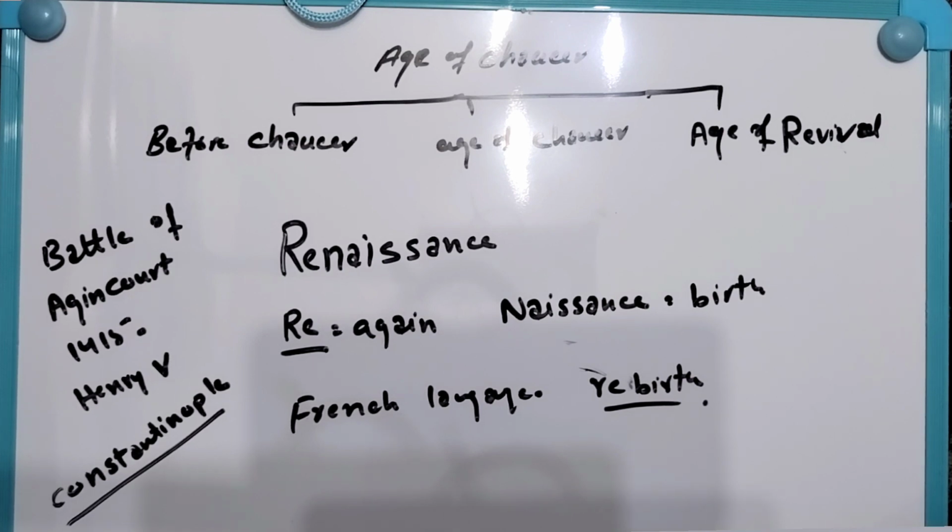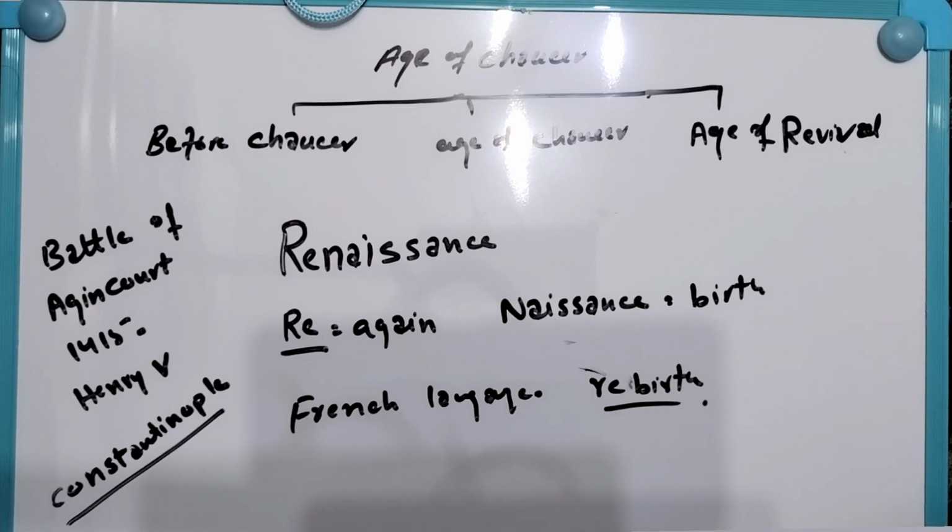This is the fourth video in English literature. We have completed the first videos on Anglo-Saxon, Middle Age, Anglo-Norman and Age of Chaucer. This is the third age that we are going to discuss.